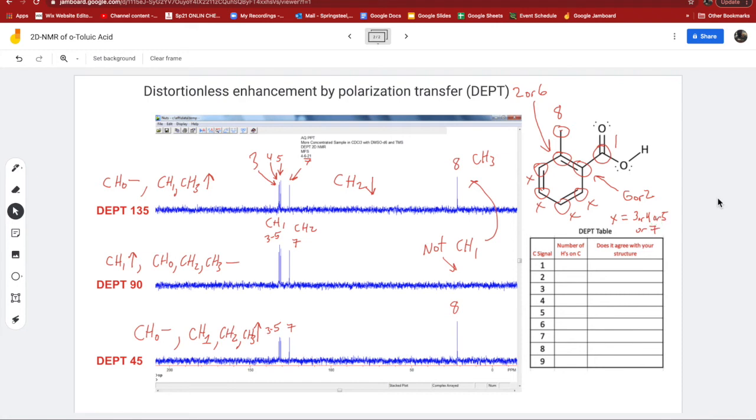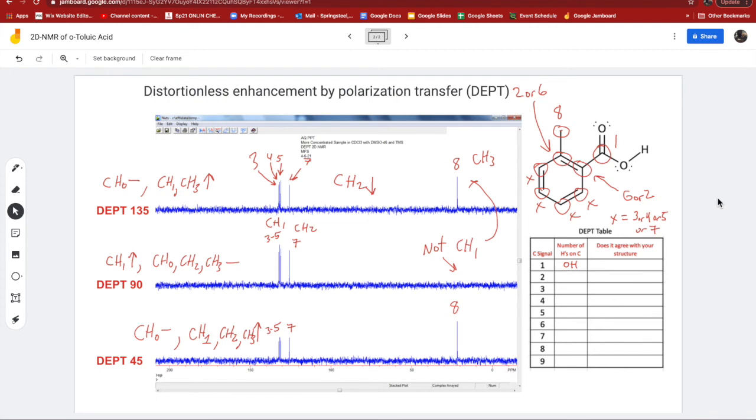Now I want to fill in my depth table. I just came up with a way to make you process this data well. This is just my table I made up. So what I want to do is say signal 1. How many hydrogens should it have? Theoretically, looking at the structure, signal 1 should have 0 hydrogens. And then according to, I'm sorry, I'm doing this backwards.